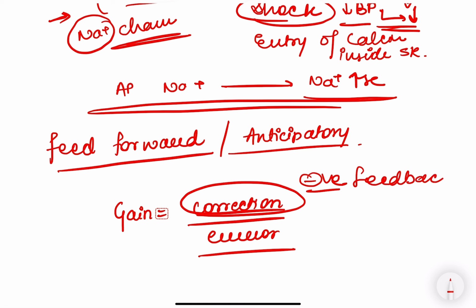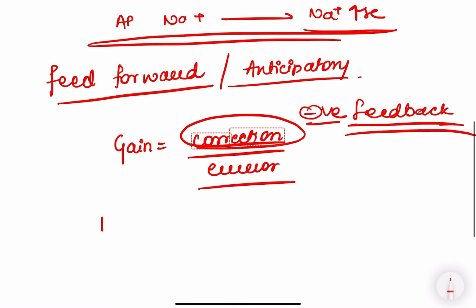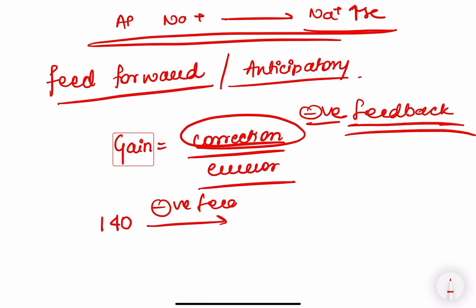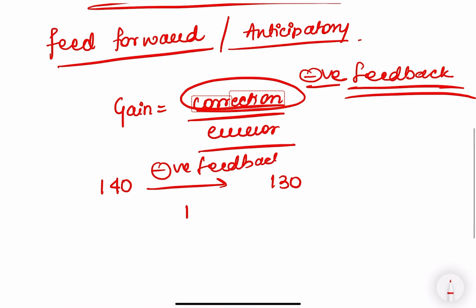So the correction is the correction that is made by the negative feedback system. For example, the BP was increased to 140. The negative feedback corrected it and it came to 130 mm of Hg, and then the correction will be 10 mm of Hg.